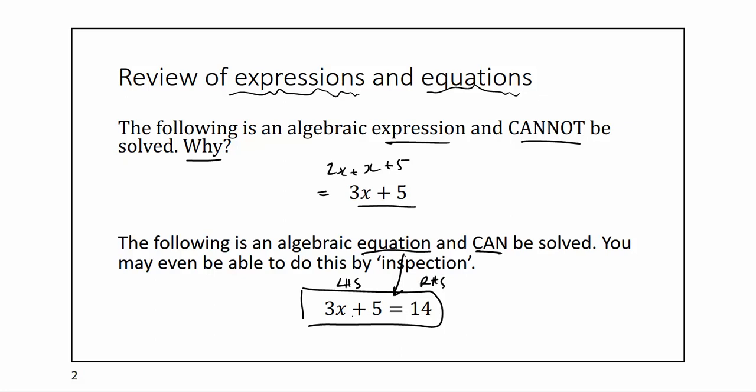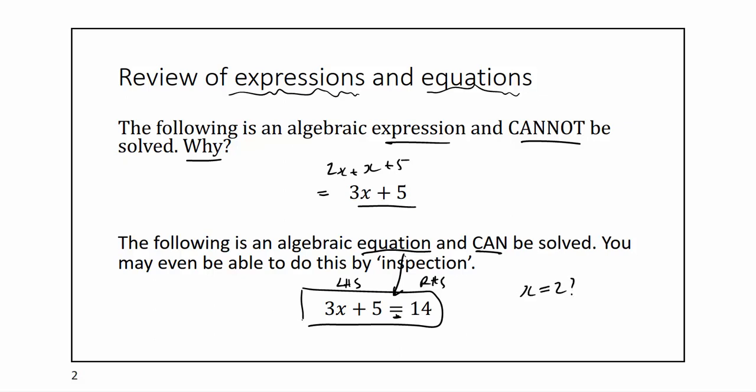That means that we need the left-hand side to be the same. Remember, we use that with equals. That doesn't mean find the answer, it means the same as. So this left-hand side is the same as this right-hand side. What is the value of x that will make this left-hand side the same as the right-hand side? Well, let's try x equals 2.